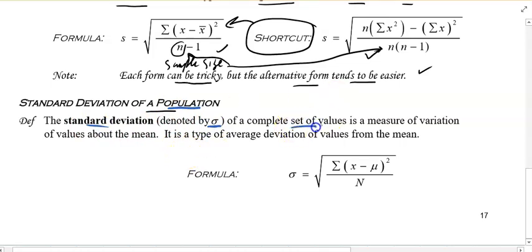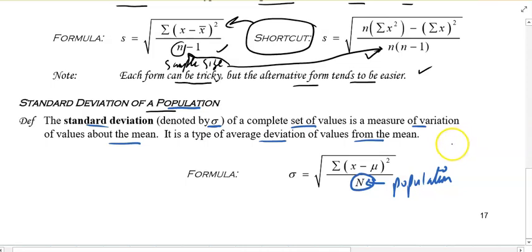Of a complete set of values, it is a measure of the variation of values about the mean. It is a type of average deviation of values from the mean. The same definition as before with one minor exception. This is population. That's the only difference.